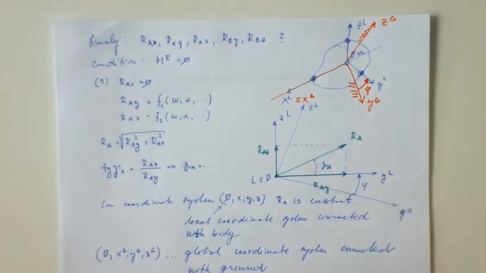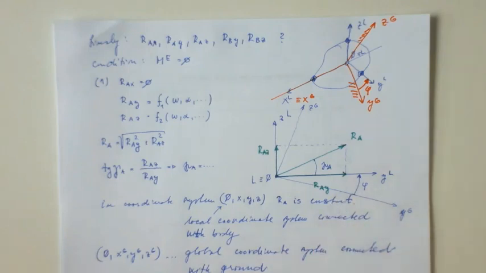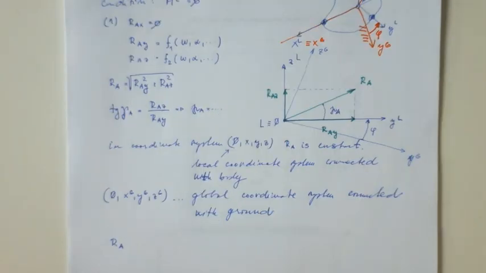So we can say that RA in the global coordinate system is RA.